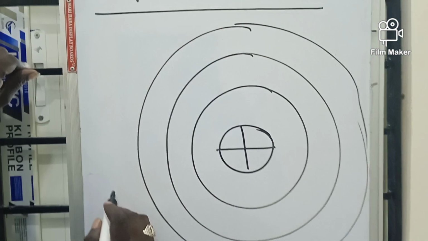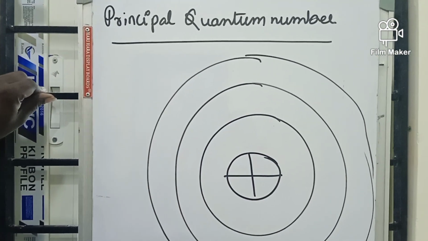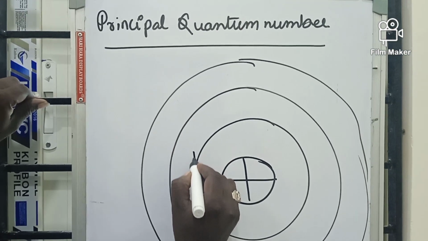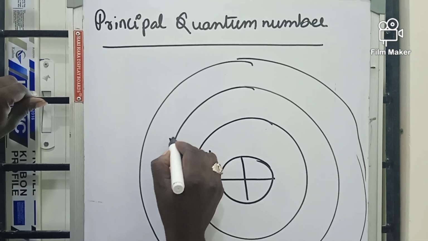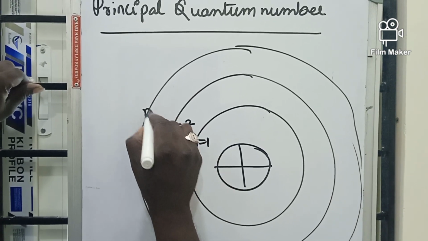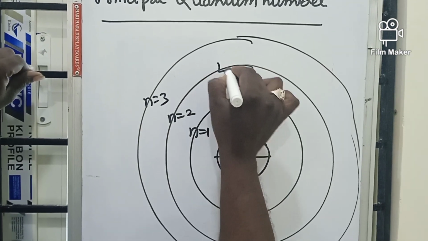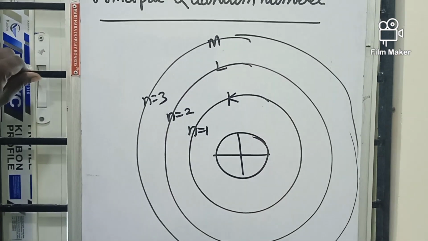This principal quantum number tells in which orbit the electron is present, the orbit number. As we discussed in Bohr's atomic model, these orbit numbers are n equal to 1, 2, 3, and so on, or they are designated with K, L, M, N, and so on.